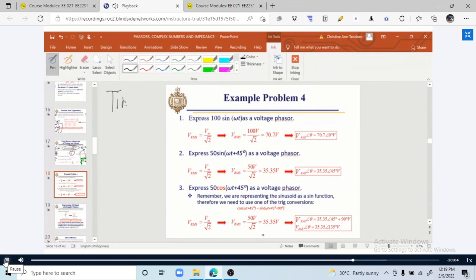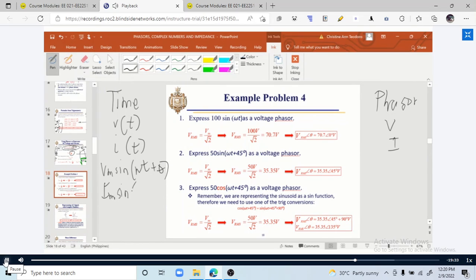So we have the time domain value, right? And we have the phasor domain value or format. The time domain format is denoted by this one, and the phasor domain format is this one. When it comes to current, that is like this. So our VT or IT is in the form of Vm sine omega t plus the angle, or Im sine omega t plus the angle.